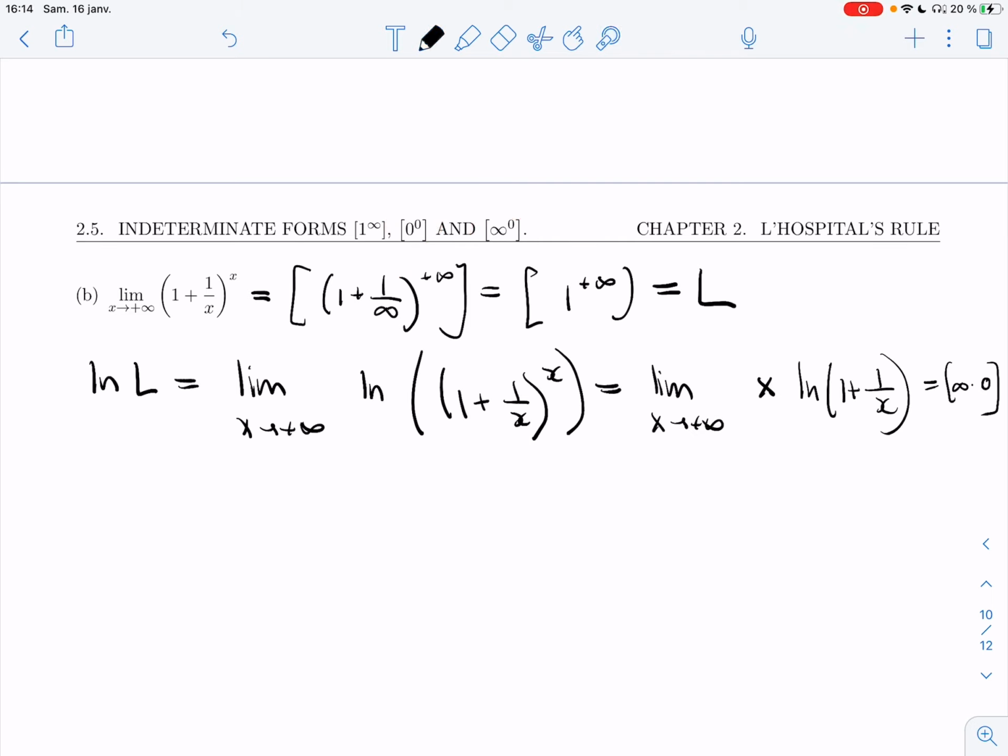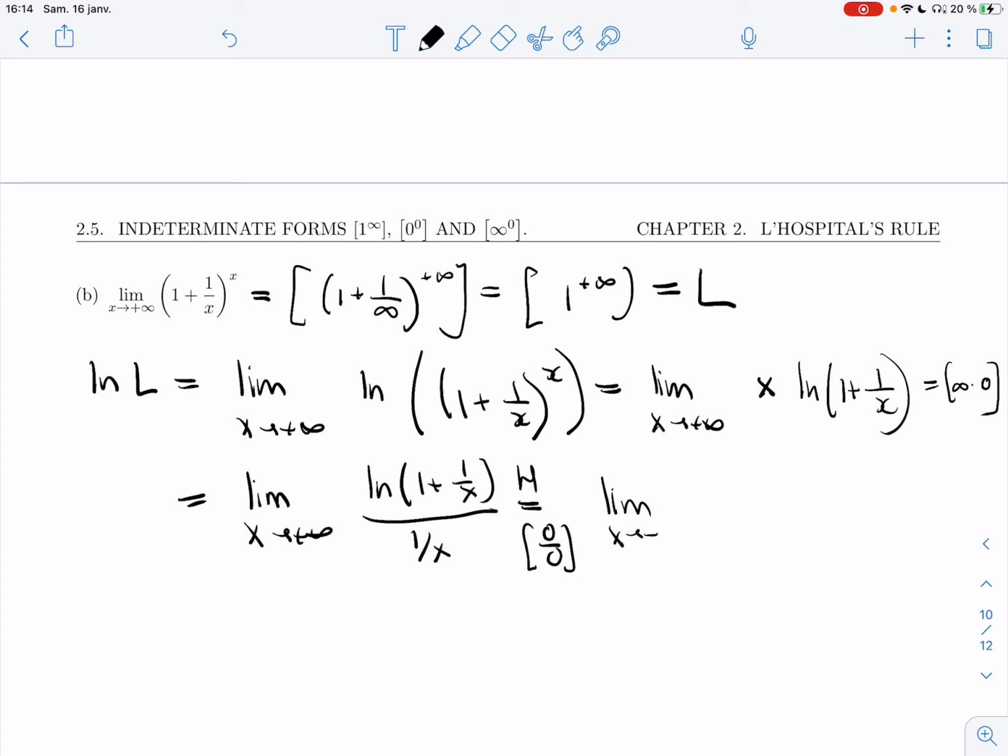All right, now I'm going to bring x down because I want to transform it into a quotient so we could apply L'Hopital on it. So I'm going to get 1 over x. Now this one, I took the infinity down, so it's going to turn into 0 over 0. I'm going to get log of 1 plus 1 over, sorry, I forgot to differentiate.